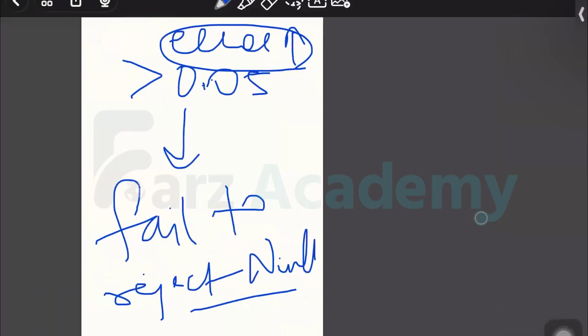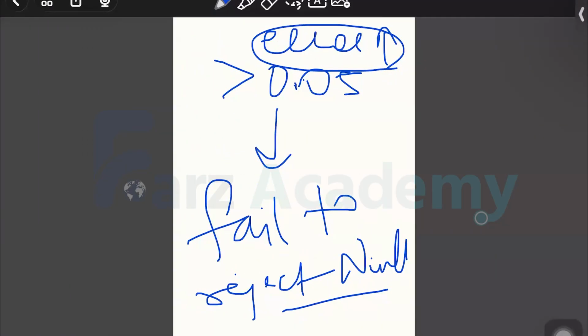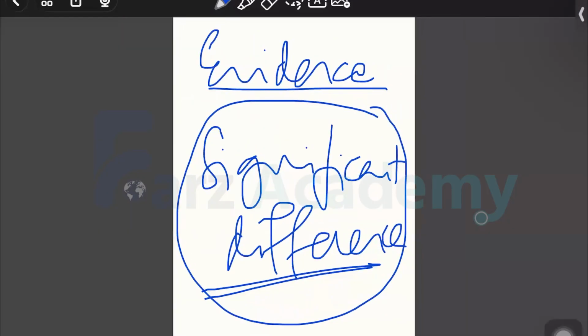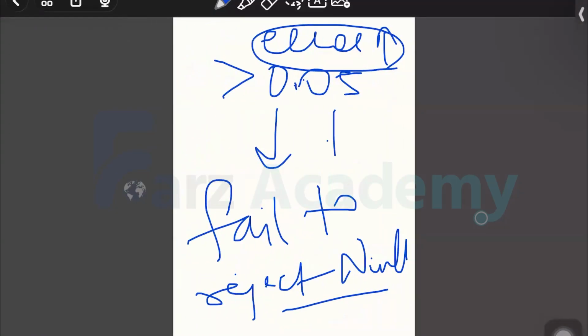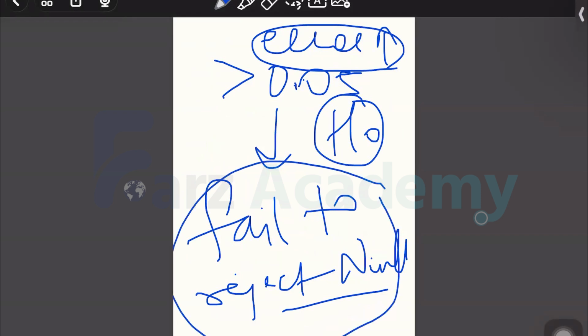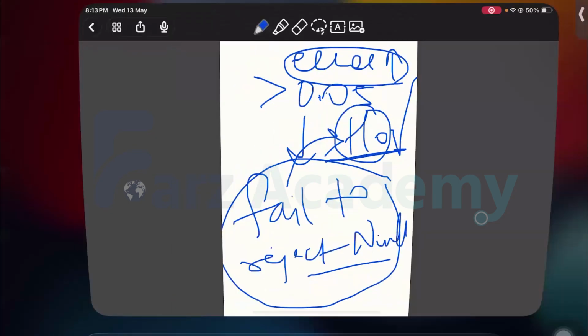Here, my error chance is so high that I am not having enough evidence or enough proof to conclude a significant difference. That means I cannot prove alternate hypothesis is true. That means I'm kind of staying on the null hypothesis. Correct? Fail to reject null hypothesis means I am not able to reject the null hypothesis.